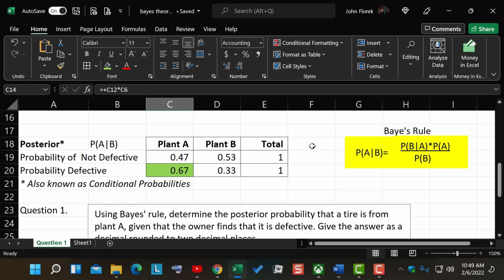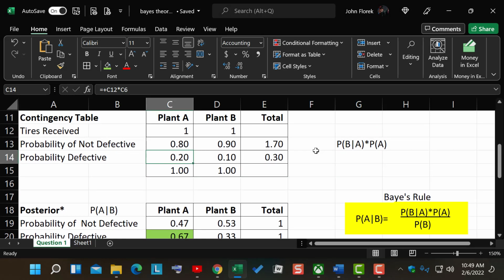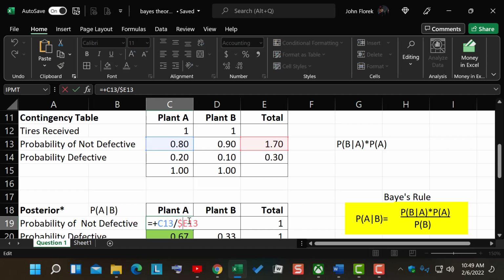So the next little table is to simply take the probability of not defective tires divided by the total not defective, E13.